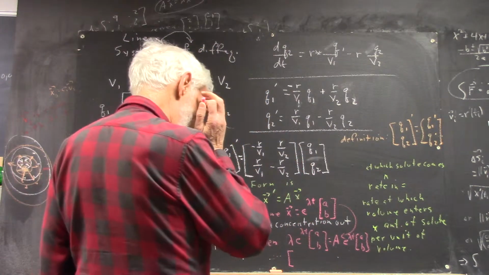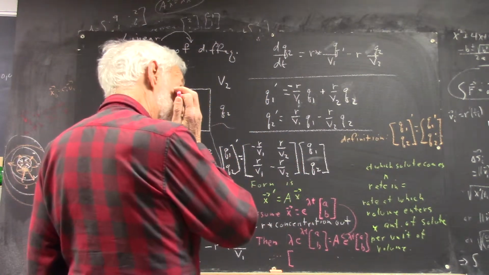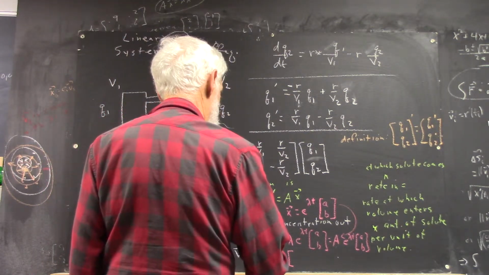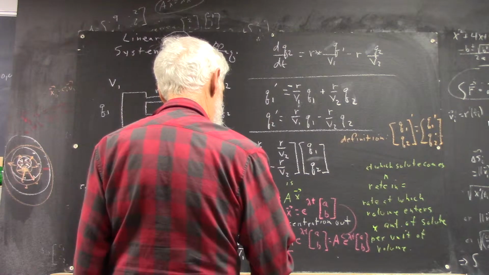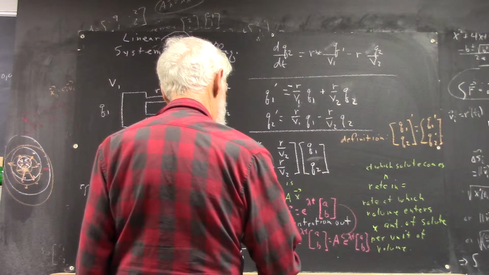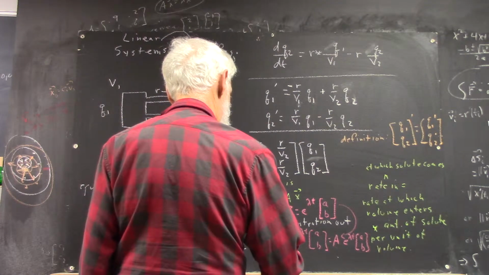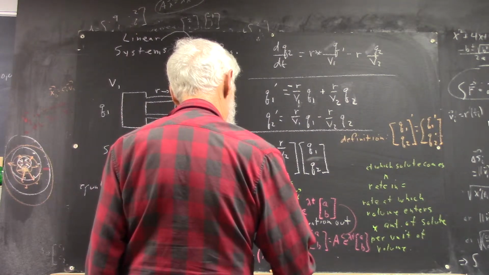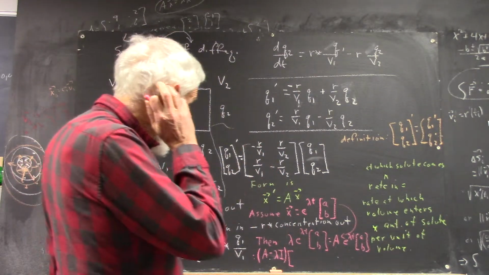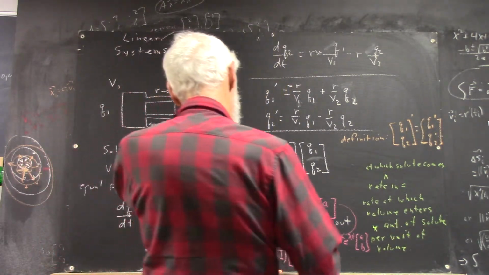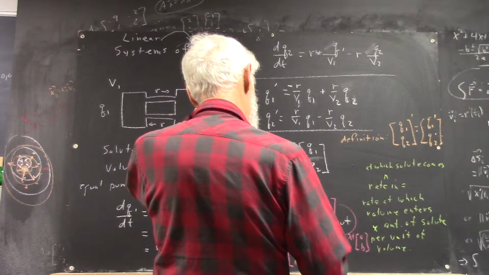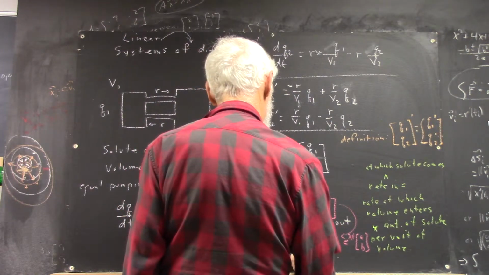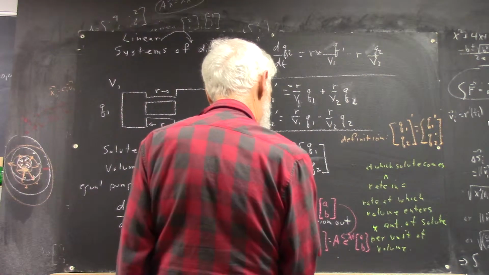skipping a step that you should understand. Maybe leave myself room to write what I need to write. Matrix A minus lambda I, I want to write that.